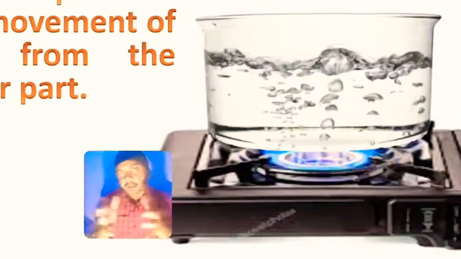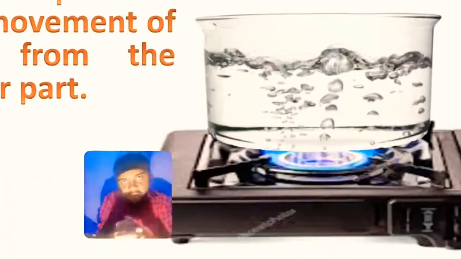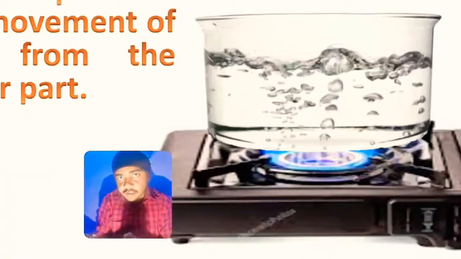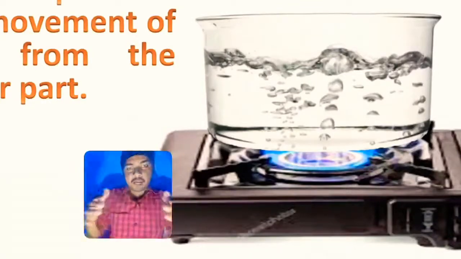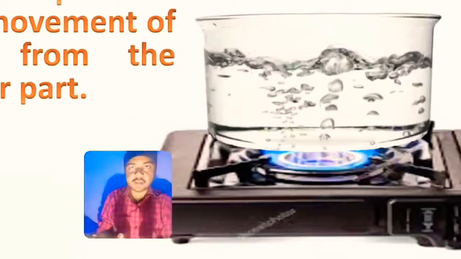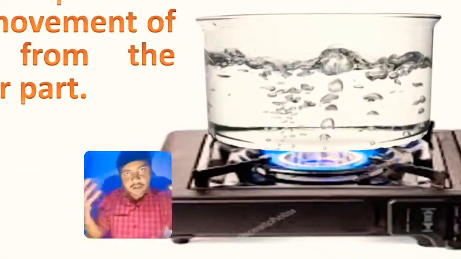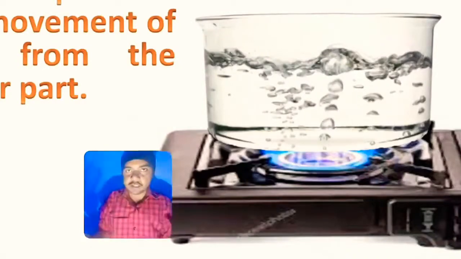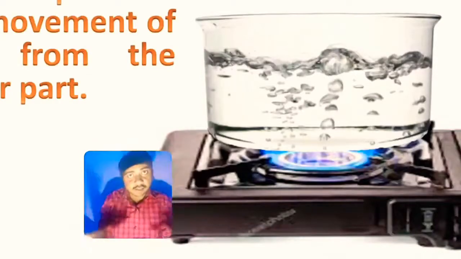Whenever something contracts, its density becomes more, isn't it? So the water expands and its density becomes less, so the molecules go upward, and then the heavy, cold molecules take their place, and then again they get heated, and this way the water boils. Have you seen this type of boiling of water? This is the reason behind it.